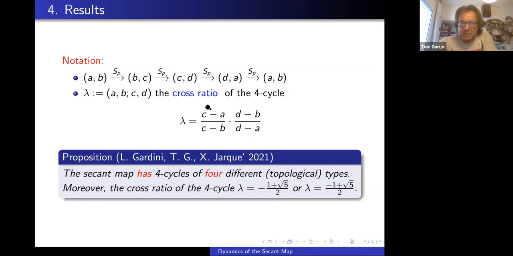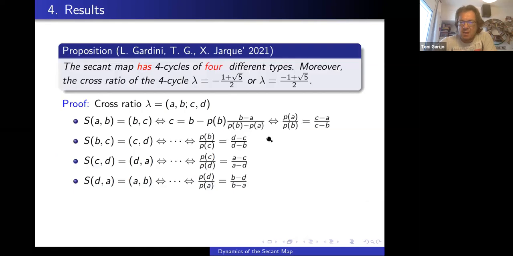So this is the cross ratio, and we prove that the secant map has 4 cycles and are of different types, and the cross ratios of these 4 cycles are these concrete quantities that are related with the golden number. Well, this means that at least there exist 4 cycles for the secant.